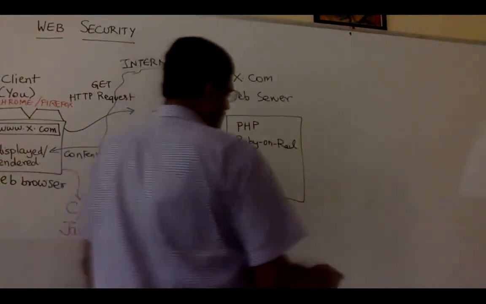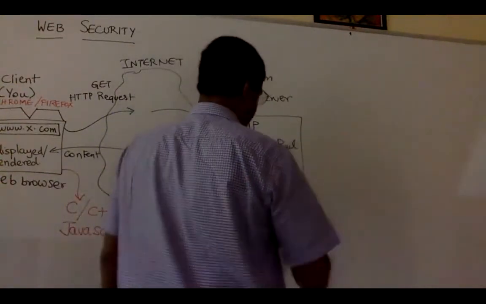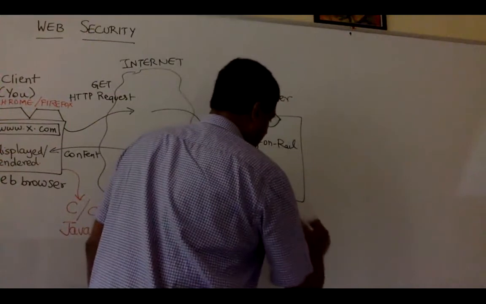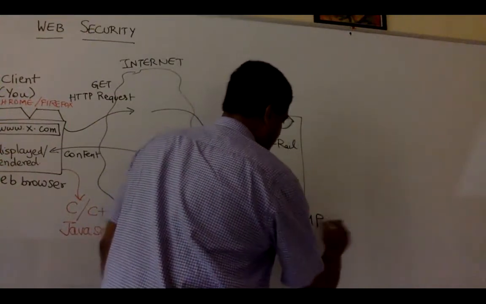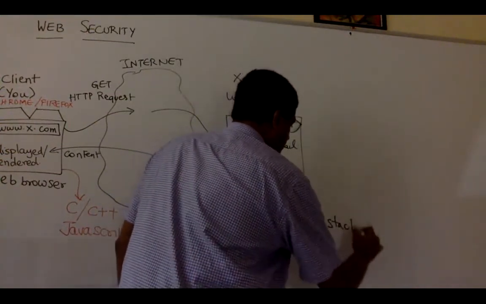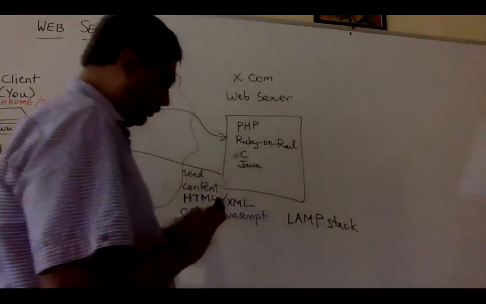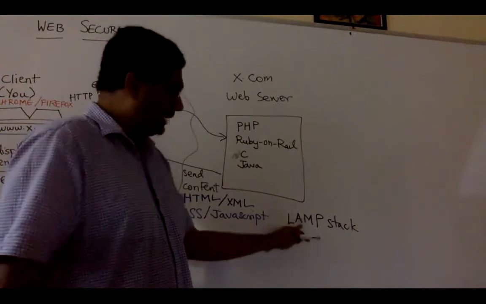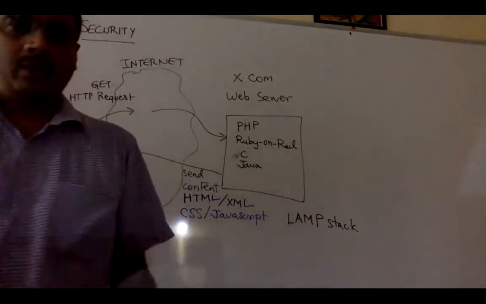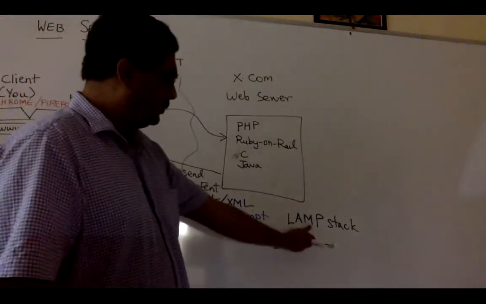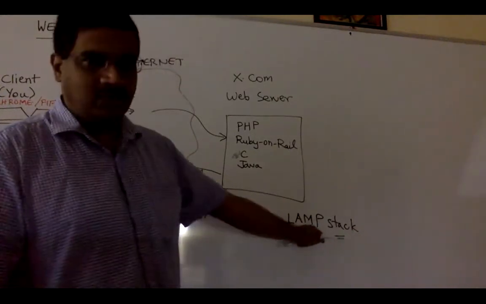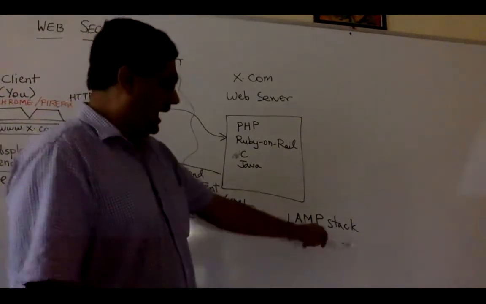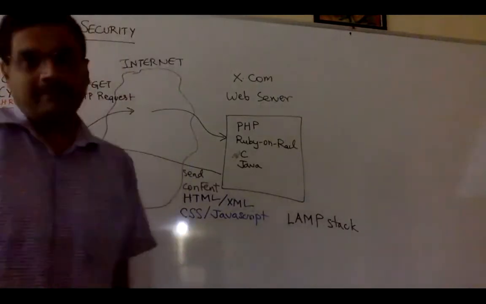The popular term that is used to refer to web servers, for example, in the cloud setting, is the term LAMP stack, right? So the term LAMP stack generally stands for Linux running Apache, where Apache is the web server, which in turn runs MySQL, which is a database, and on top of that, you have a PHP-based web server, right?